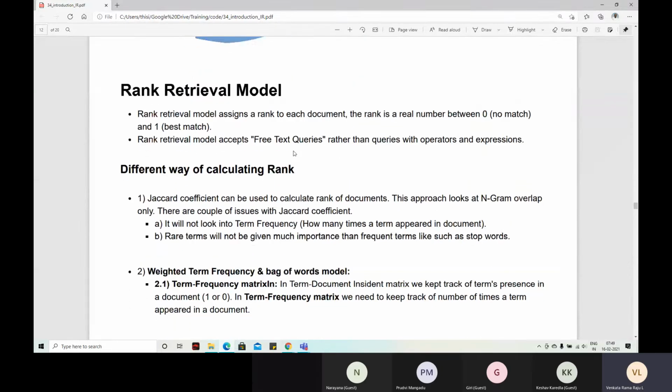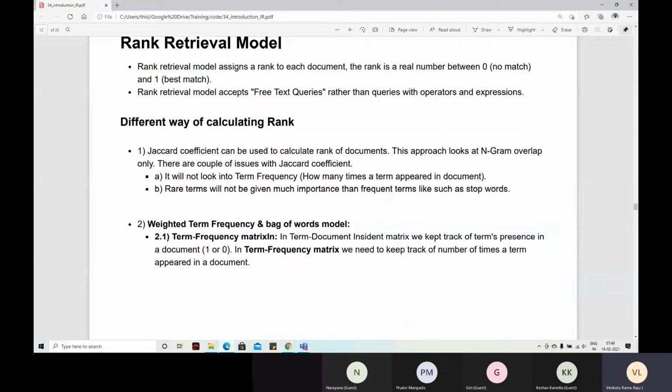Then we looked into rank retrieval model. There are three ways of doing rank retrieval model. One is Jaccard coefficient, but Jaccard coefficient will not look into term frequency. There is an importance to term frequency, and there is a disadvantage also. Importance is that if a word is moderately occurring, then it is a very important word. Less occurring, not important. If it is occurring too many times, maybe spam.